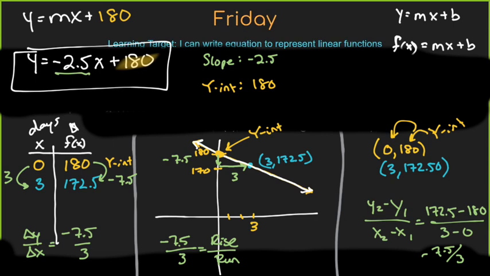Sometimes when I'm thinking about slope, it still helps me to see it as a fraction, all right? So negative 2.5 is really negative 2.5 over 1, right? So think about what that 2.5 is and what the 1 is. Think about what we know about slope and all the different formulas that we used to get them. Think about what the different numbers mean there.